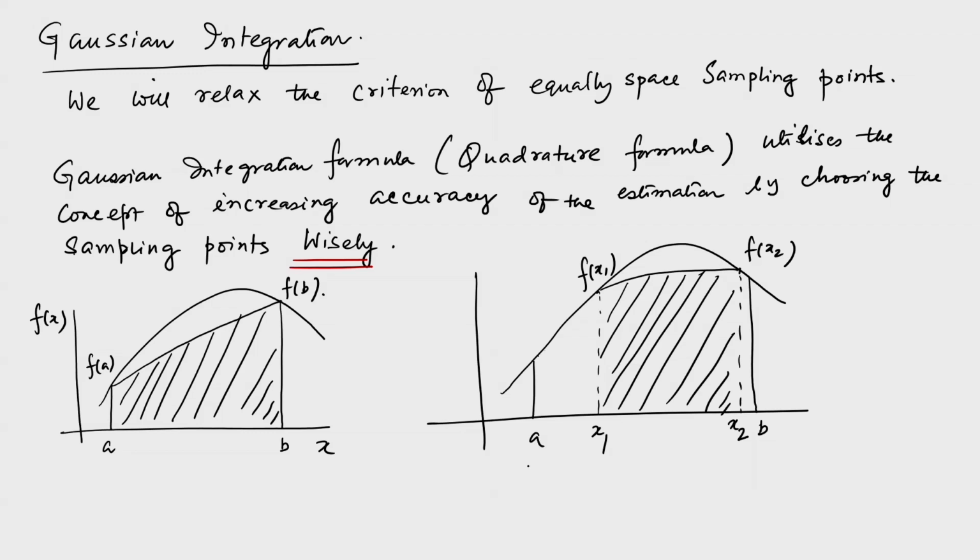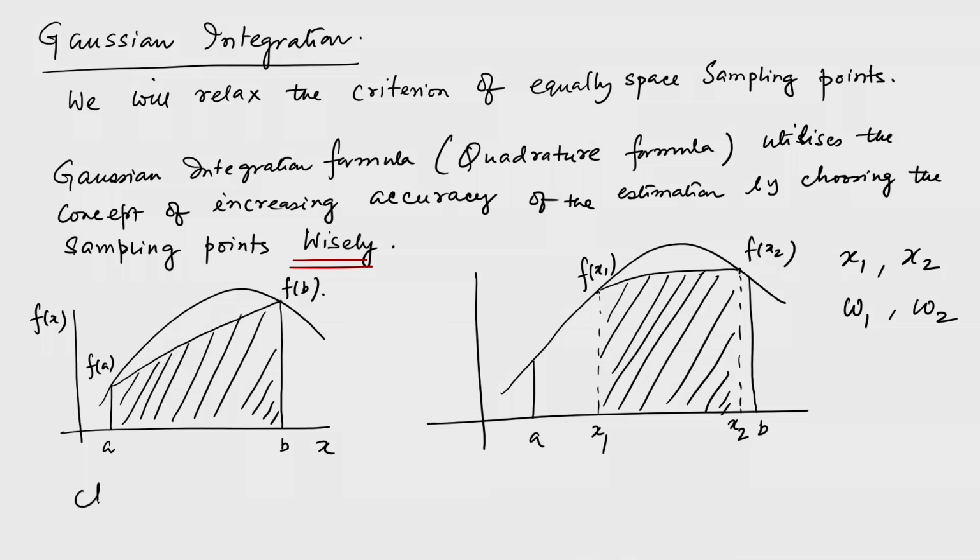It simply takes 2 points and does an estimation of the area of the trapezoid, which gives the integral of the function. But here we are saying that not only x1 and x2 will be chosen wisely, the corresponding weights W1 and W2 will have to be chosen wisely as well.